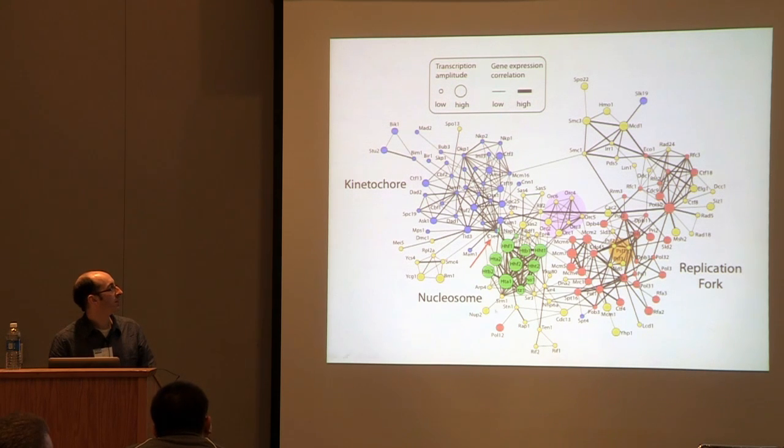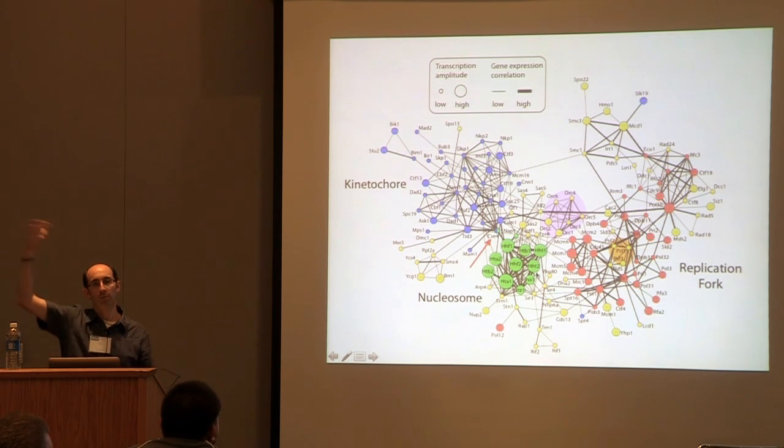The size of the nodes is proportional to the amplitude of the transcription across the cell cycle. So the big circles mean that the genes were expressed at a high level at some point in the cell cycle. The colors of the nodes represent functions, or in this case, locations in important complexes in a set of genes.